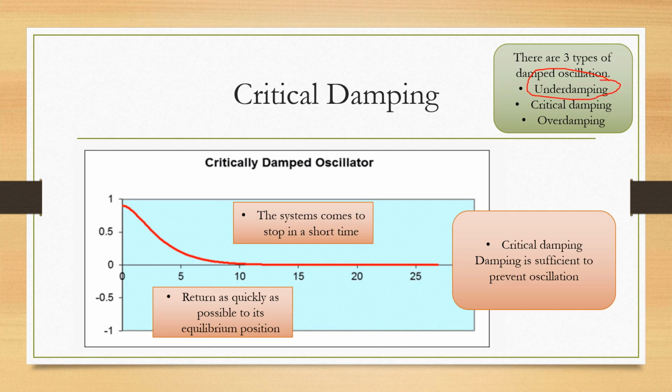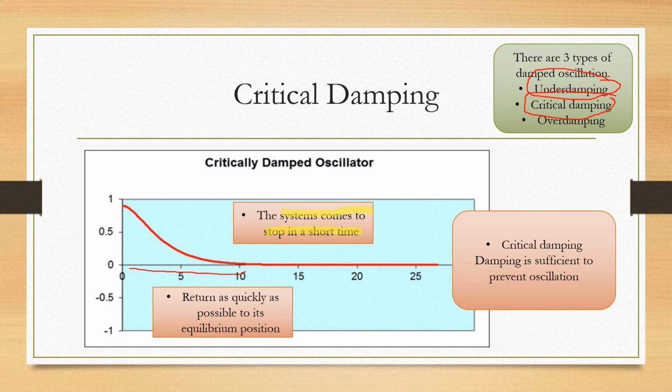Now let's look at the next one, which is critical damping. The keyword for critical damping is: the system comes to a stop in a very short time. If you see in this graph, as the oscillation starts, you will realize that it comes to a stop in a very short time. I'm going to draw the time here.